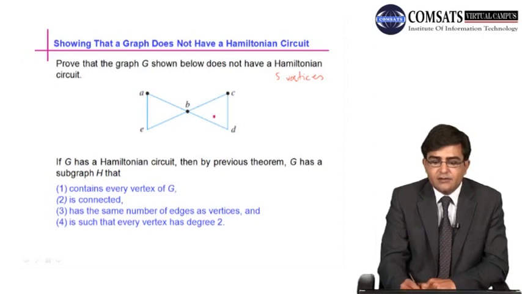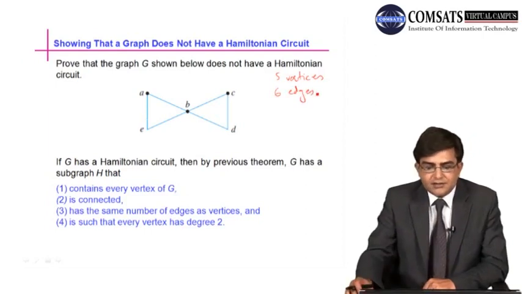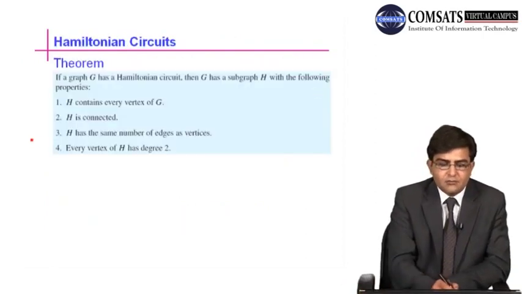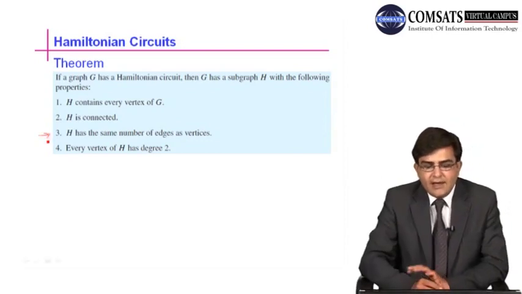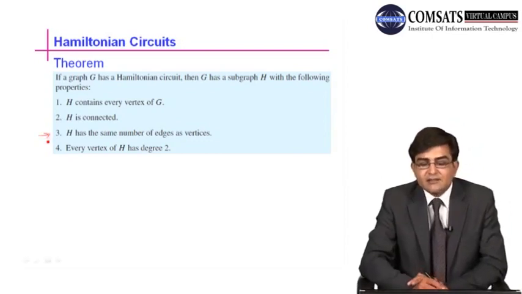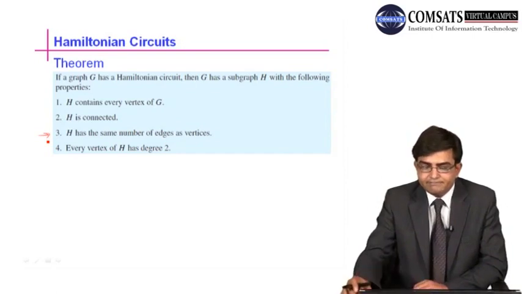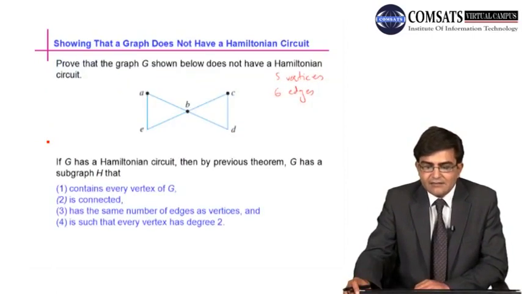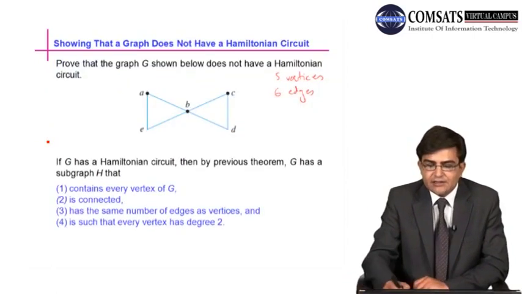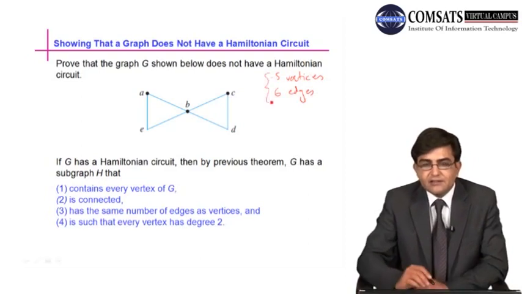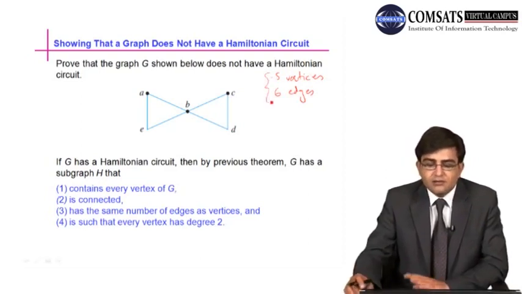There are 6 edges. Now according to this theorem, the third condition, H has the same number of edges as vertices. Here H has 5 vertices, 6 edges, so it doesn't satisfy the third condition of the theorem. So there doesn't exist a Hamiltonian circuit in this graph. We can say that.